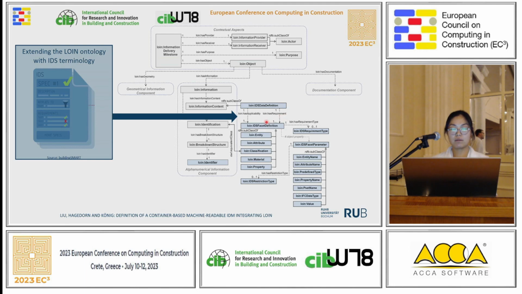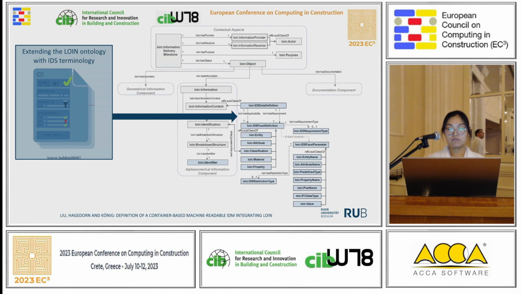With the data type property description of this class, the reason for the required information can be explained with plain text for human understanding. The applicability and requirement can be defined using the IDS facet definition. With the object properties has applicability and has requirement, facet instances can be declared as to whether they should be applied with a requirement or are a requirement definition.